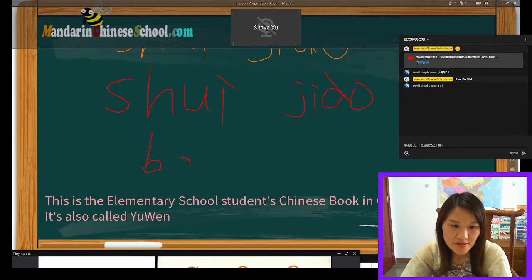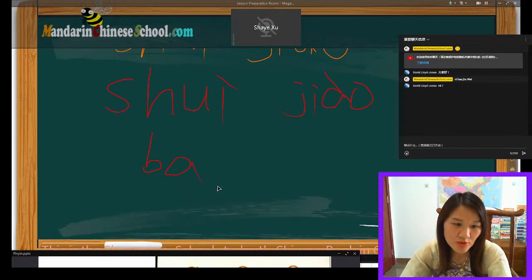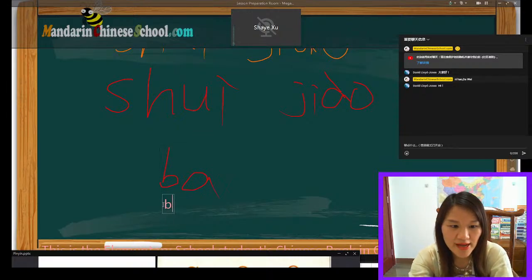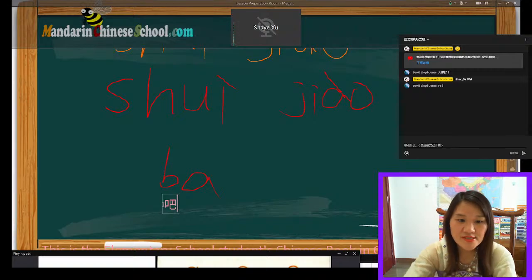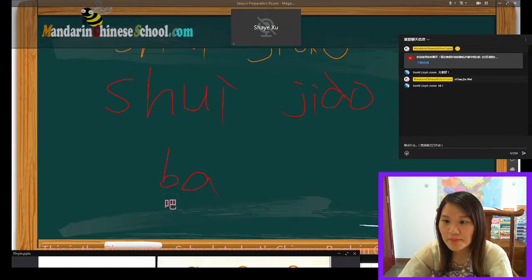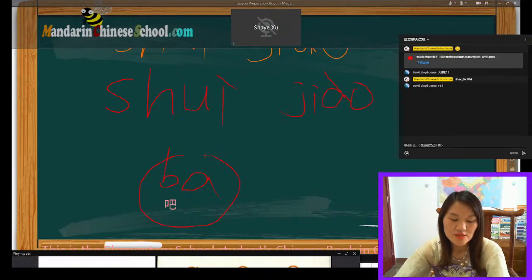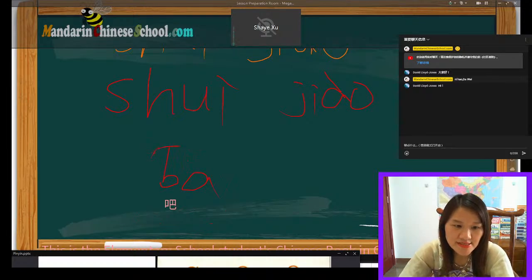吧, like this one. There's no tone mark for this word. 走吧. So some words do not have a tone. So when you pronounce this type of word, you pronounce it slightly.